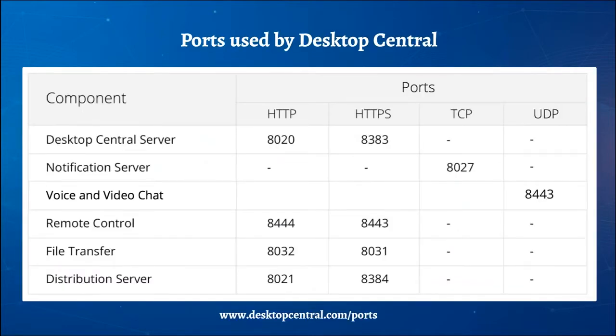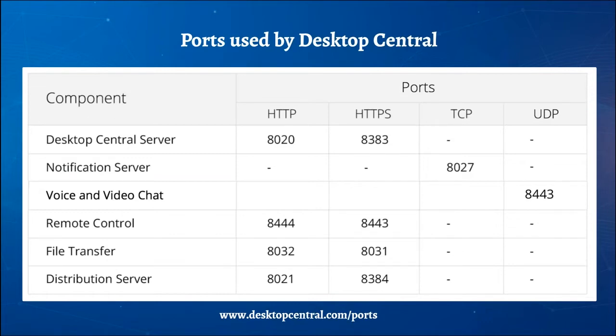Right, so the next is the ports used by Desktop Central. Here are the ports that are used by Desktop Central. We recommend you open these ports on your network, on your server machine, to utilize the features available in Desktop Central. For example, the voice and video chat functionality uses port 8443, which is UDP.